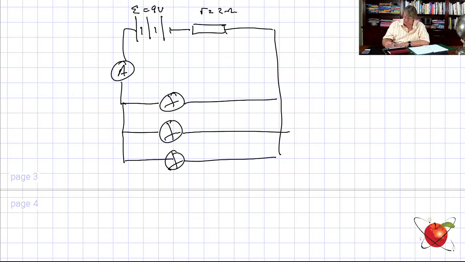Okay? And they have located over here a point A and a point B. They say in the above circuit, each lamp is identical. Very important. Okay, we say lamps identical.